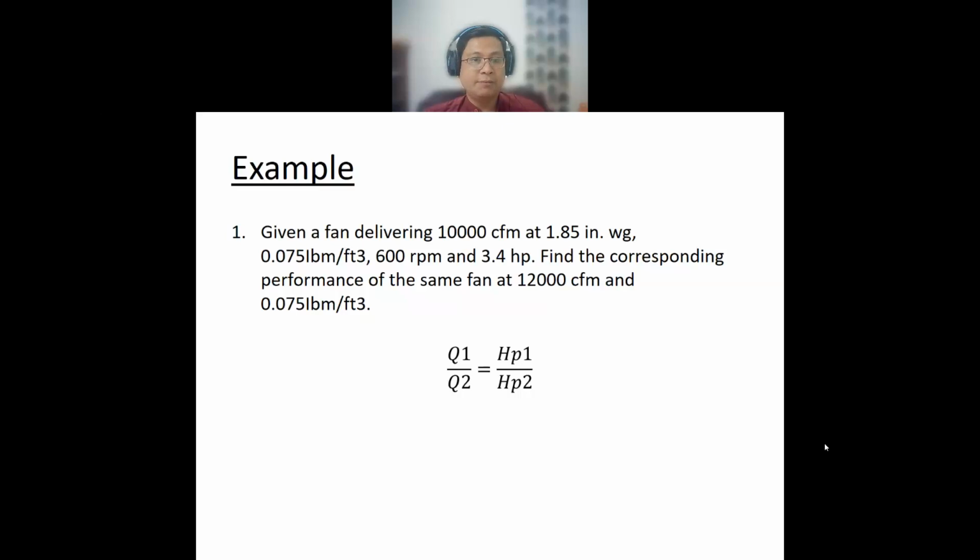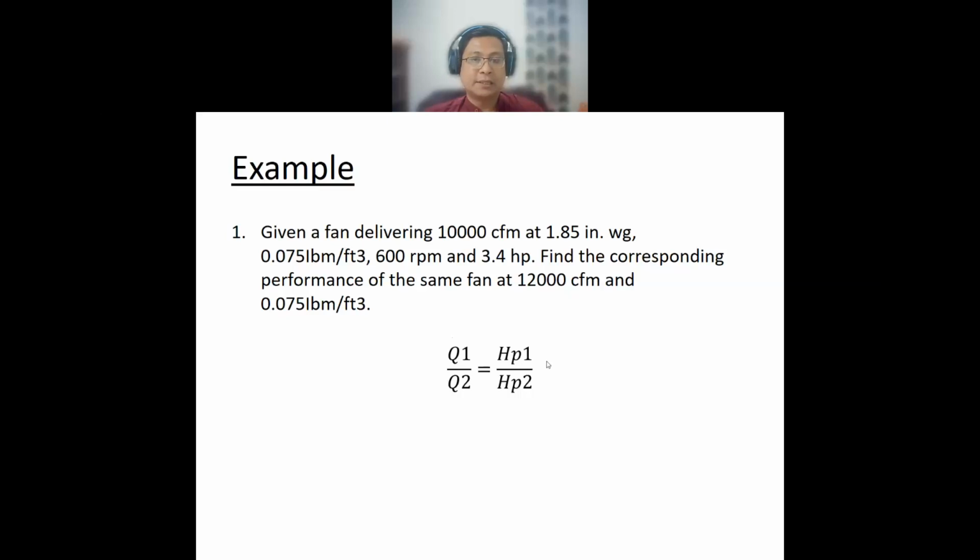Find the corresponding performance of the same fan at 12,000 CFM, and the other properties. We can relate these by the formula Q1. This one is density, so we can use this formula.